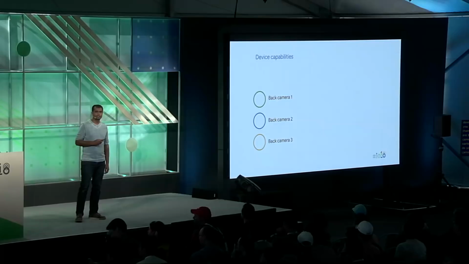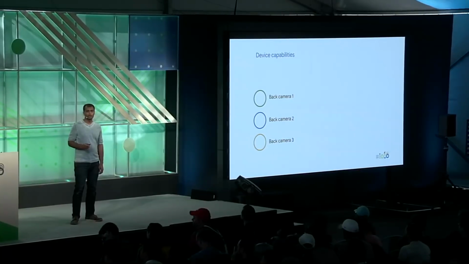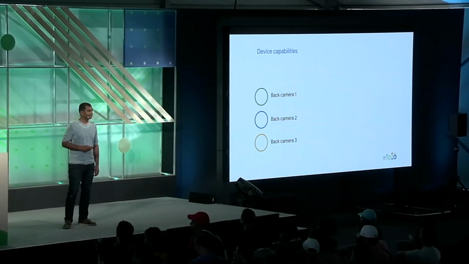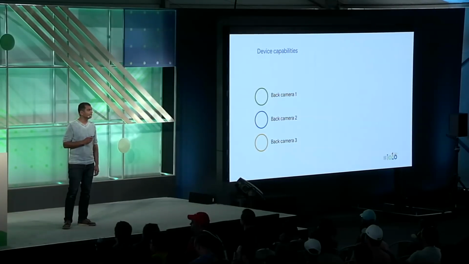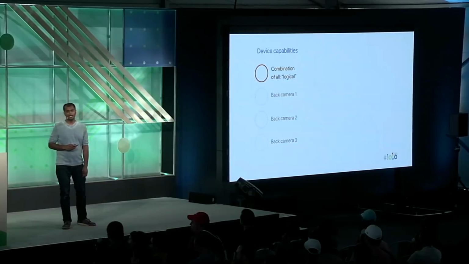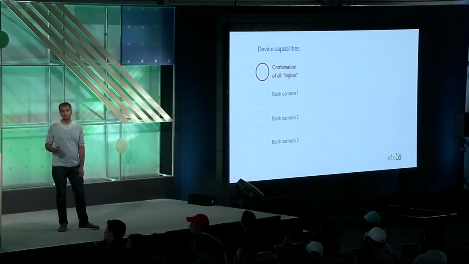Recall the camera model that Oscar talked about earlier in the talk. How do you extend that model in a multi-camera situation? Let's walk through an example. Imagine a device with 3 back cameras. The native camera app today has access to the physical streams from each of these sensors. In addition, the native camera app has something called the logical camera.